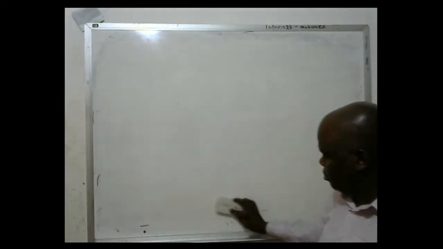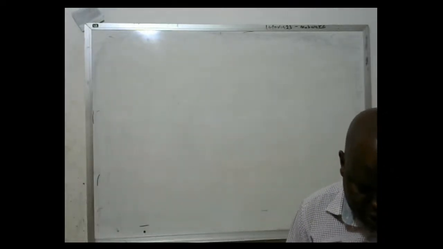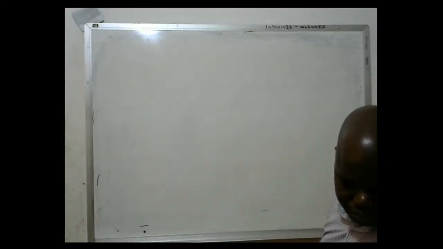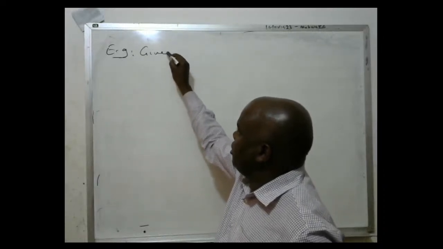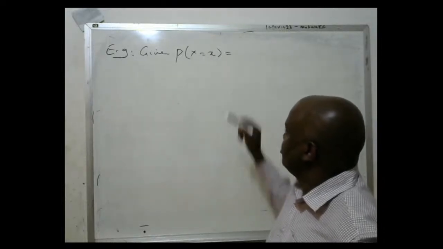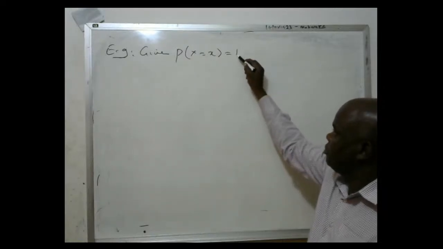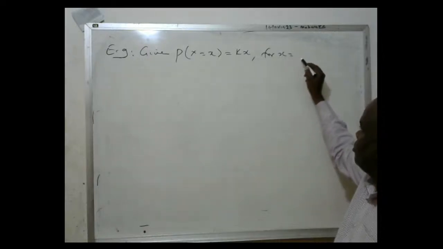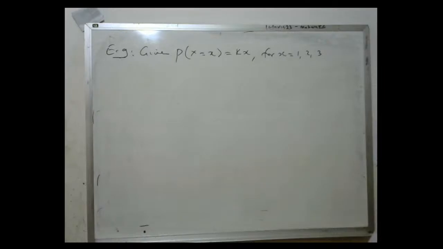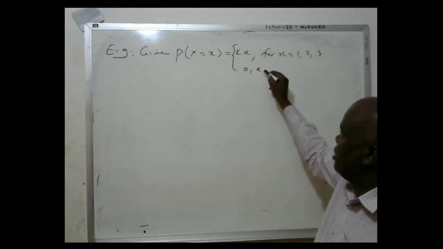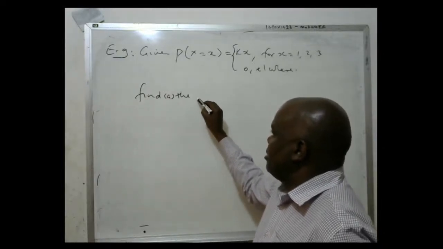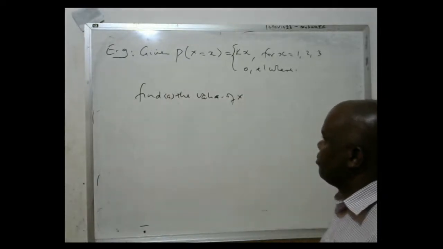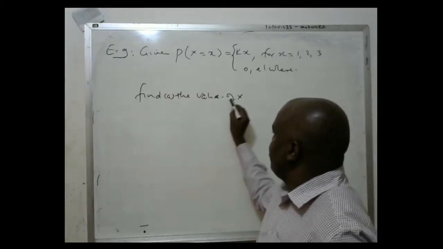Now, suppose you have been given this distribution, a distribution as simple as that for x, 0 elsewhere, then somebody says find A, the value of k.